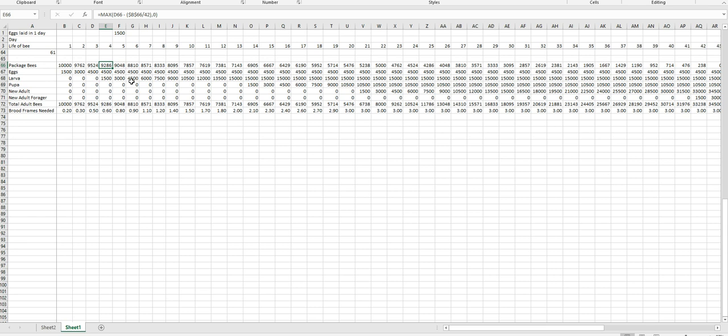So now, if we look at this, you have your bee population dwindling just a little bit as it goes along, and you have lots of brood, lots of eggs, lots of larvae. You know, day 14 here, you've got 15,000 larvae for these 6,000 bees to feed.